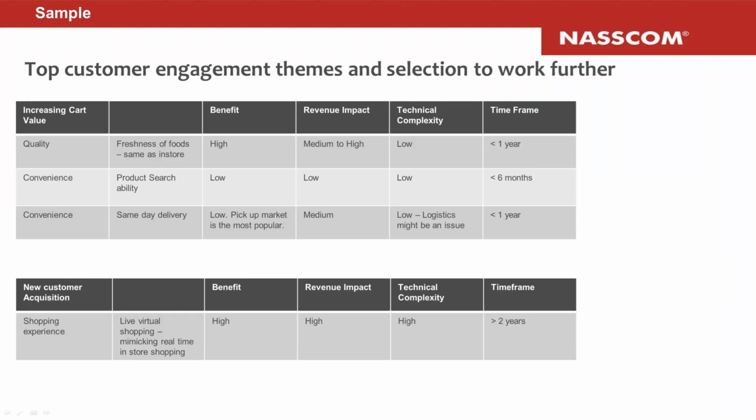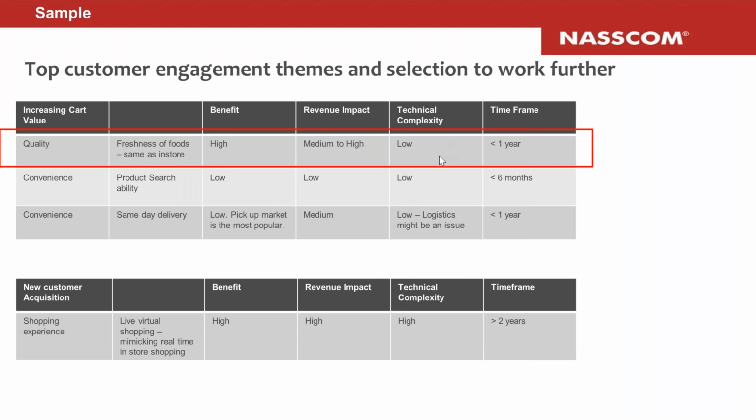Now we need to define themes to work on for maximum productivity. Here I've chosen the perception of quality as the main theme to progress further. What exactly I've picked up is increasing cart value: I have quality, convenience, and then the third one is also in the convenience theme. Freshness of food, same as in store. This is what people are looking for. Benefit is really, really high. Revenue impact, medium to high.